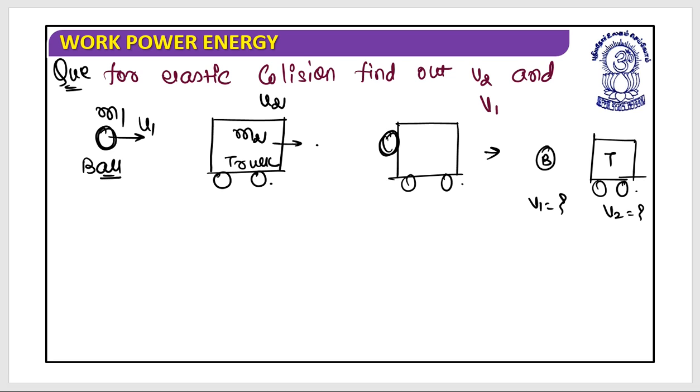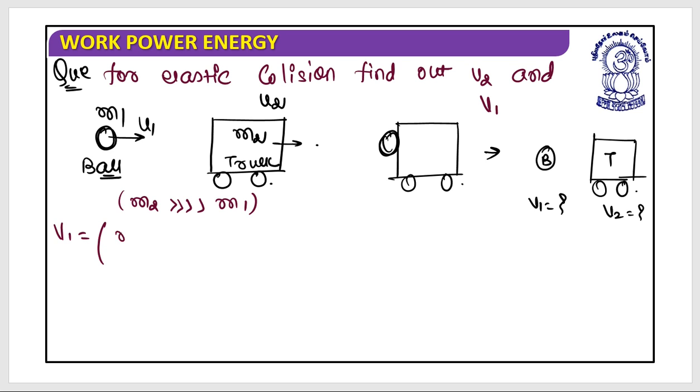But here both the objects are moving. So what I can do is, as this is the truck and this is the ball, it is to be understood that m2 must be much greater than m1. And when m2 is much greater than m1, you can ignore the effect of the mass of the first object. So let's carry on.